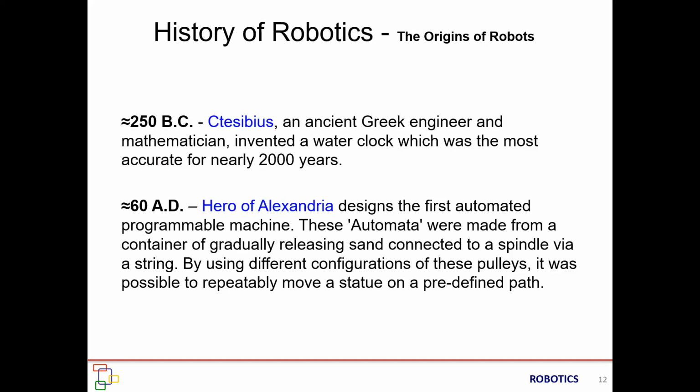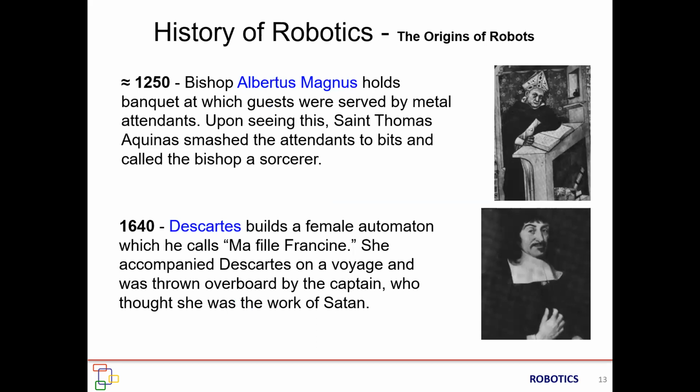It was not just from 250 BC to 2020 or 21. From 250 BC, there were inventions in 60 AD, then 1250, 1640, and from time to time they had certain automations.